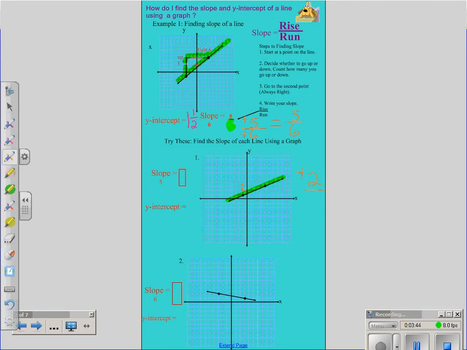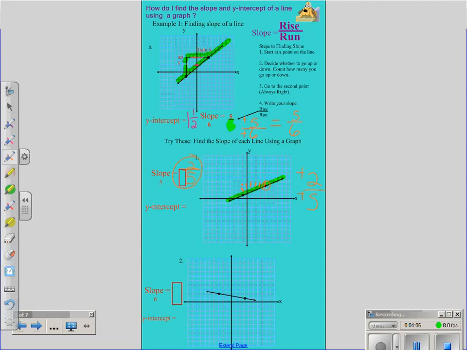Then I count from this point over to this point: 1, 2, 3, 4, 5, also a positive 5. So the slope then is 2 over 5, or 2/5.